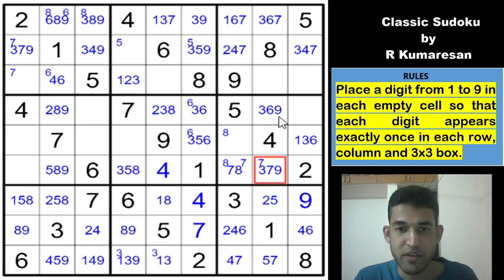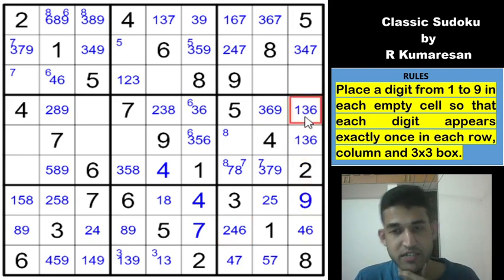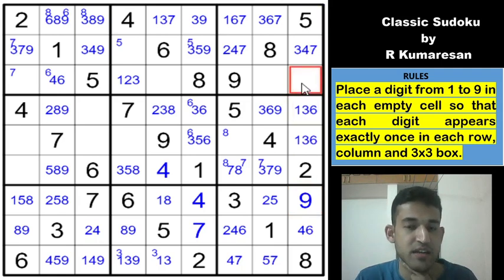So 9 must be in one of these cells, and this cell cannot be 2 5 8 9 4 or 7, so this will be 1 3 and 6, right? And this cell, okay, not much there.